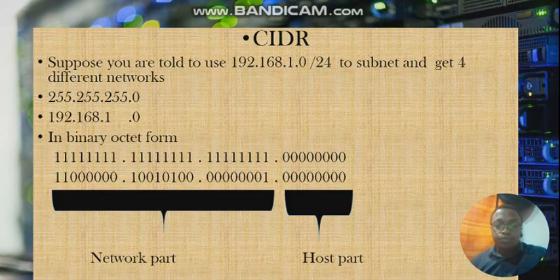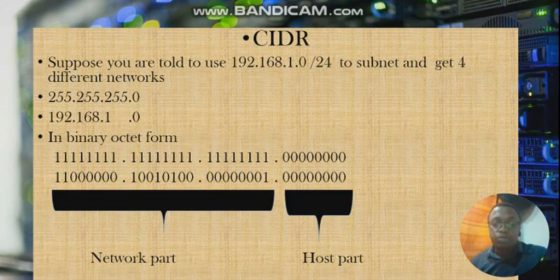Now, when we present the network that we have been given in binary octet form, we get the values as I have indicated them here on the screen. The reason for doing this is to identify the network part of the IP address and the host part of the IP address.